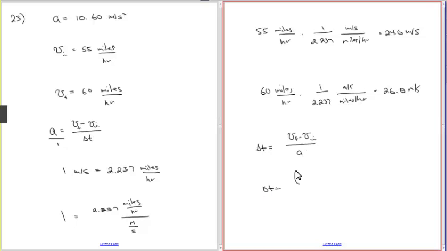And so we can plug in the numbers. We have 60 miles per hour, which is 26.8 meters per second. We subtract off the initial speed, 24.6 meters per second, and we divide by acceleration, which is 10.60 meters per second squared.